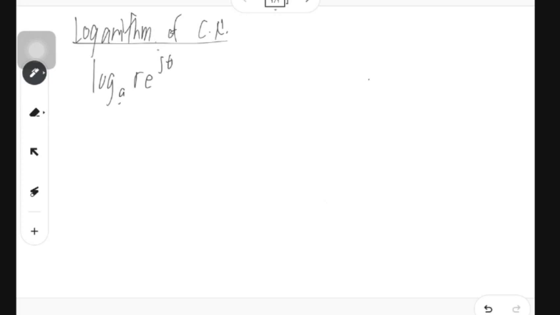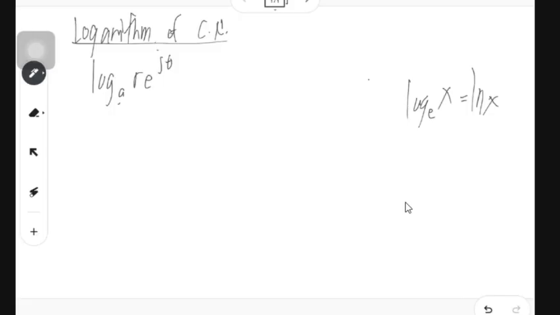Now, if the base is e, let's say the logarithm of x to the base e, normally it is written as natural logarithm. So when we say natural logarithm, the base is e. And when we speak of logarithm, we mean exponent. Say, what is the logarithm of 100?